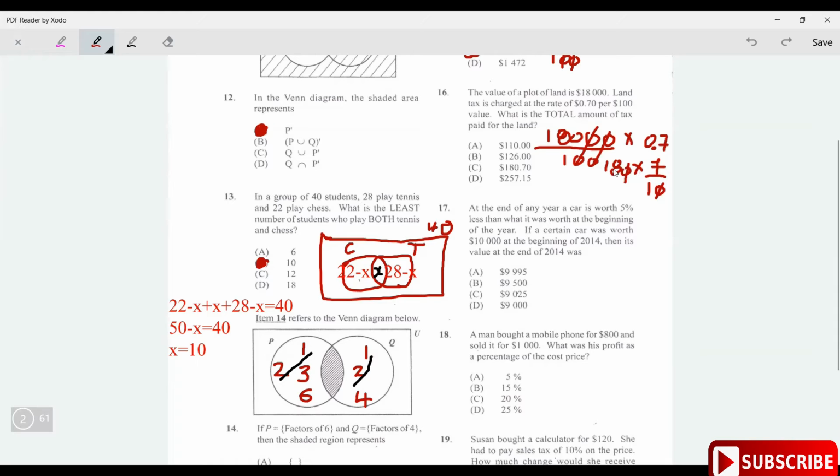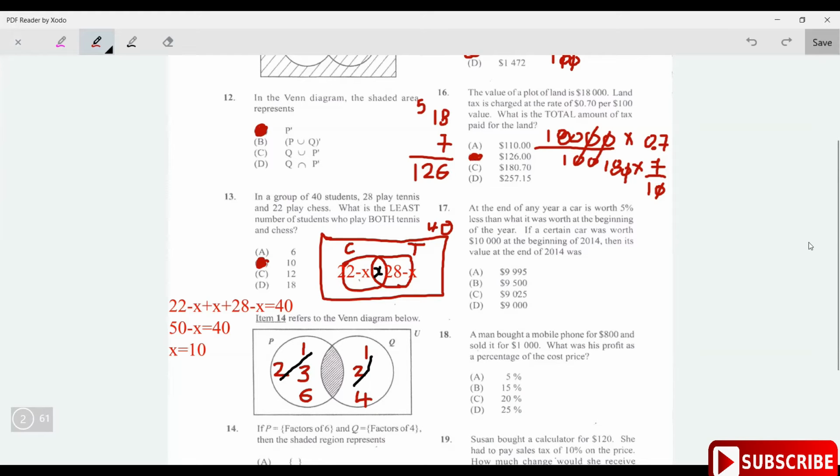Then all I need to work out is 18 times 7. So let me work out 18 times 7 right here. 7 times 8 is 56. Then we bring up the 5. 7 times 1 is 7. Plus 5 is 12. So that's $126 of tax. Easy question.